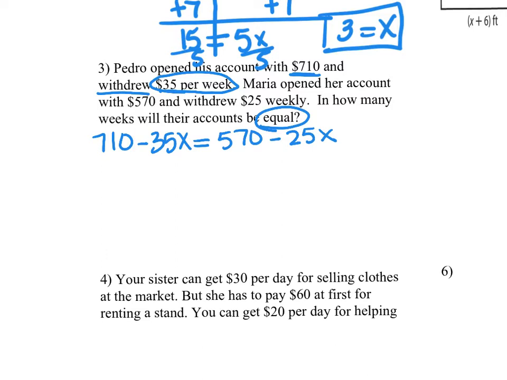So those are equal to each other, and now we're going to solve it. Guys, there are 4 different ways to solve this problem. I could start with 4 different things and do it. But a while ago we went with the negatives. I'm going to go the other way, and I'm going to add 35.